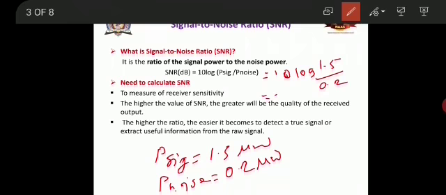So the value is near to 3 dB. So in this way, the SNR can be calculated if you know the signal power and the noise power.